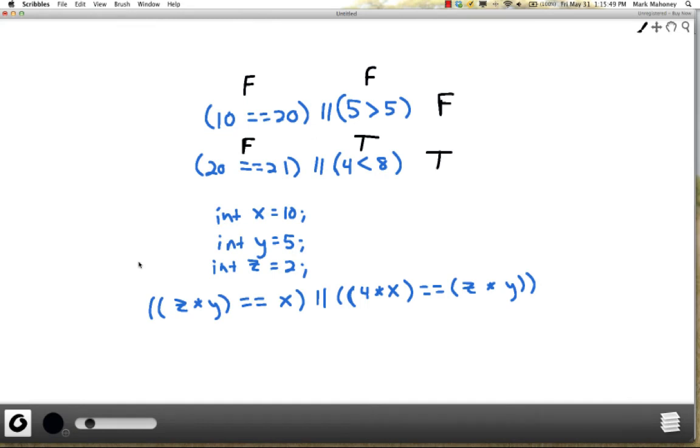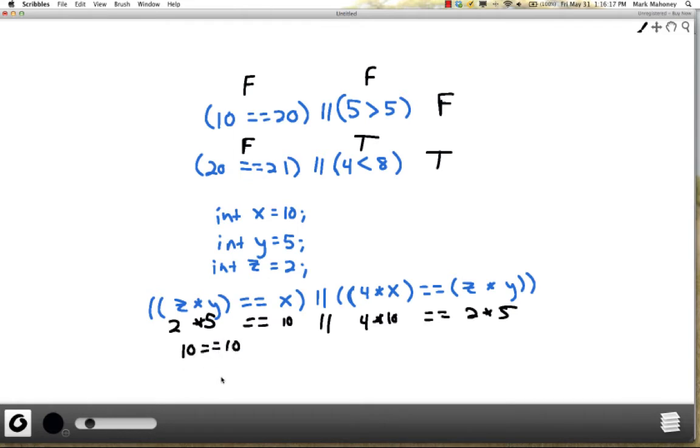Okay, we can also use some variables here. Again, I'll just plug in some values. z is 2, y is 5, x is equal to 10. Is 4 times 10 equal to z times y, 2 times 5? 2 times 5 is 10.